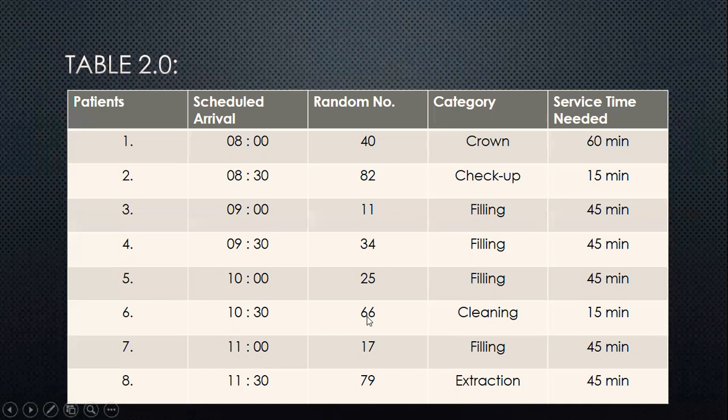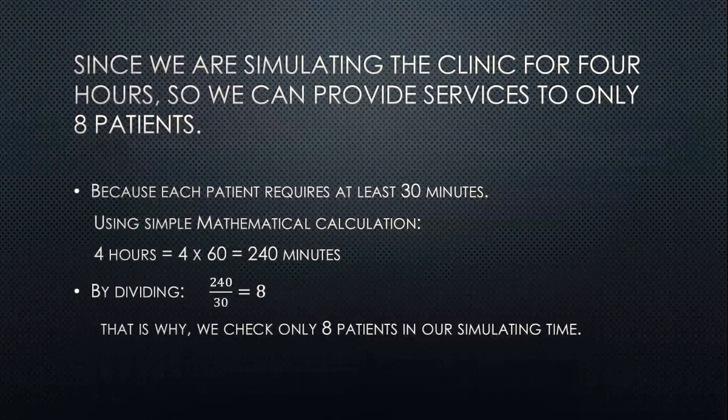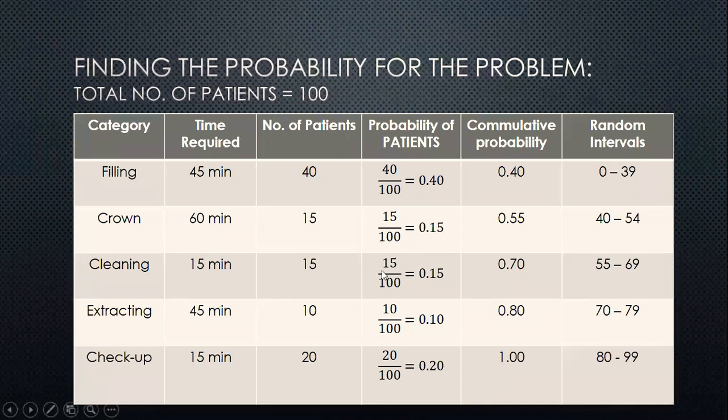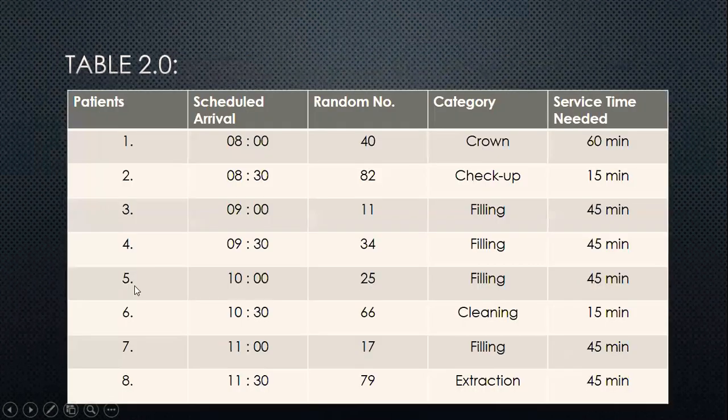So here we check where 66 comes. 66 comes at cleaning because 69 is the interval. So by checking, I write cleaning here, and 17 also lies between 0 to 39.